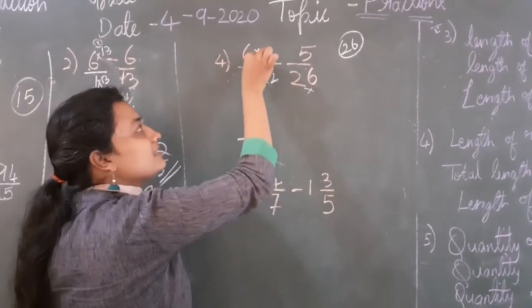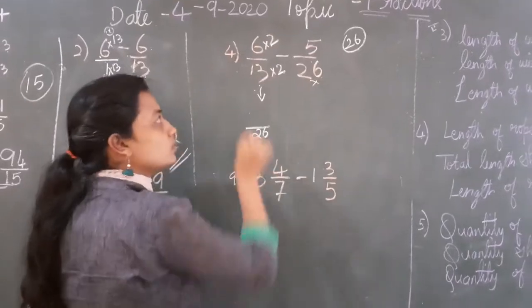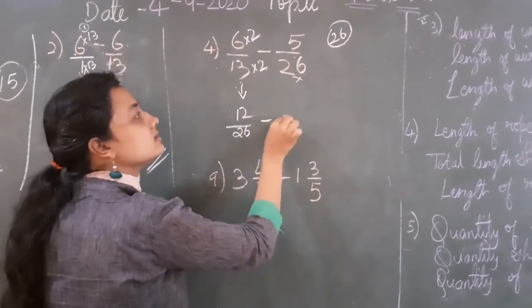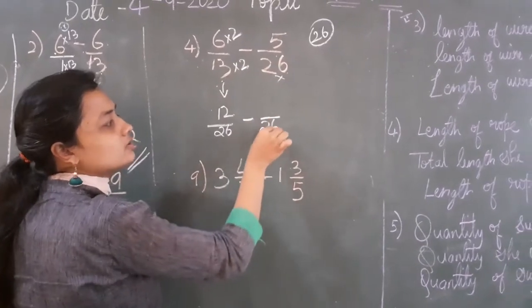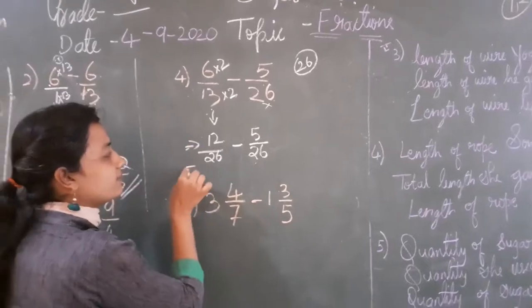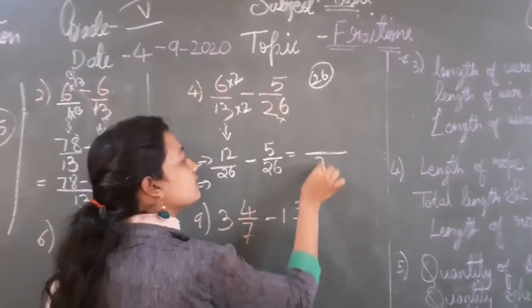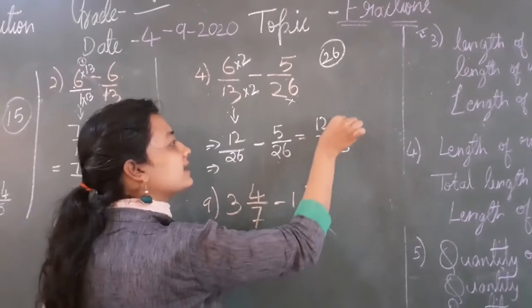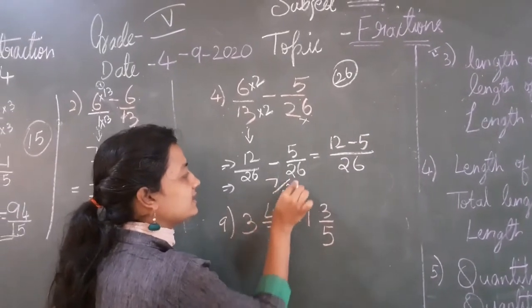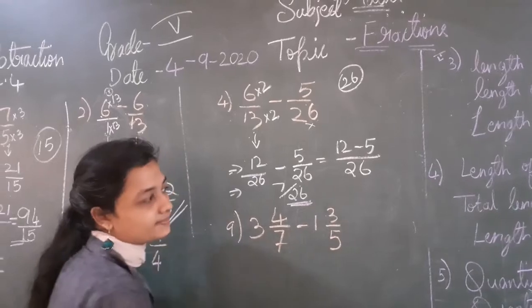So I multiply 6 also with 2. What is 6 2s? 12. Minus, this I write as it is because already I have 26 in my denominator. Now if you subtract 26, 12 minus 5, what is the answer you get? 7 by 26. This is my answer.